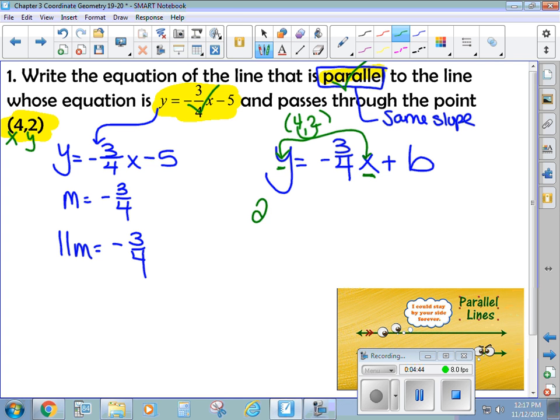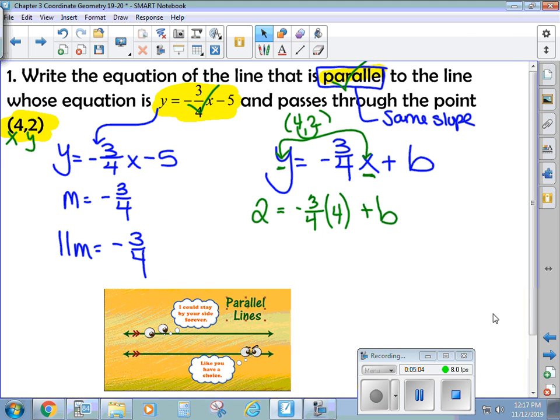So 2 equals negative 3/4 times 4 plus b. I just took the point that they gave me, the x and the y value, sub x in for x, sub y in for y, yes? Now let's solve this.